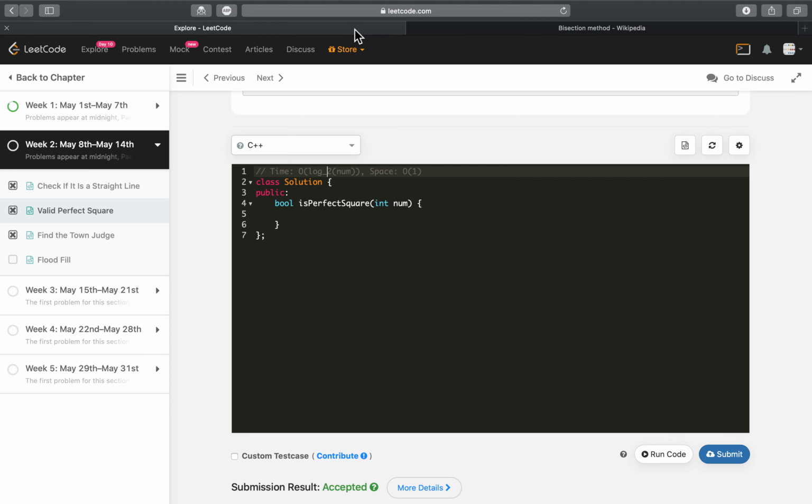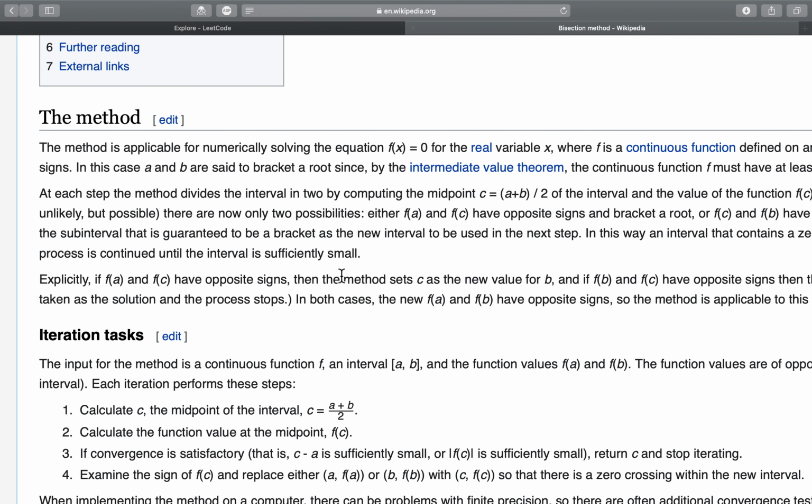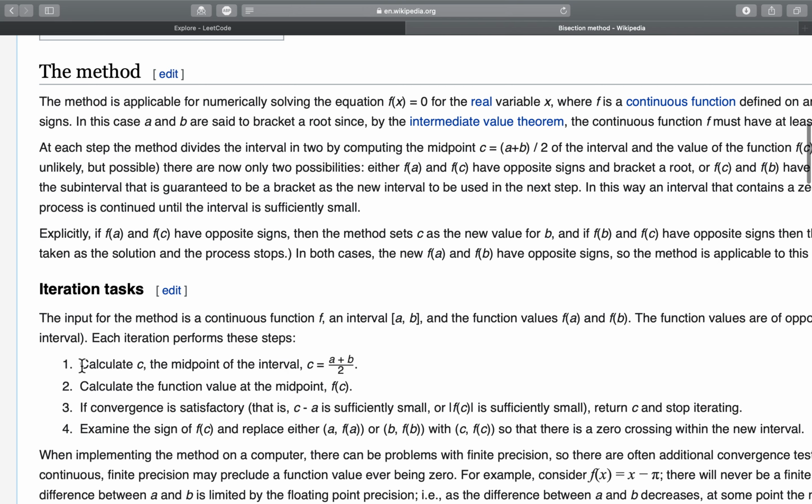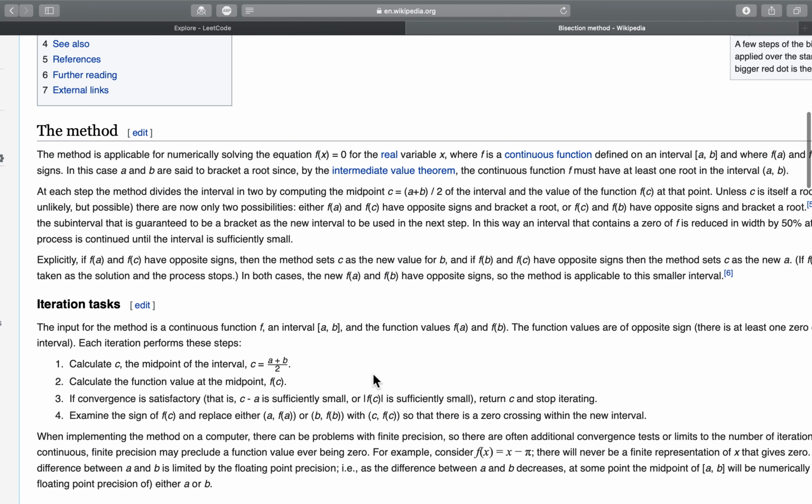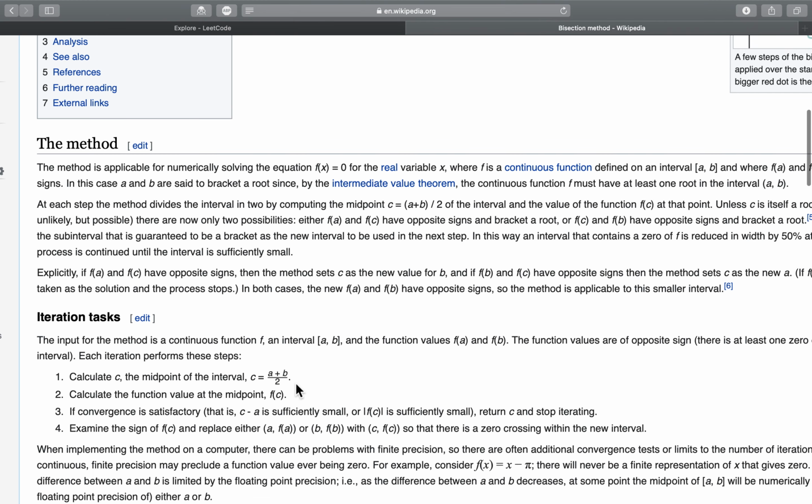Now the function we are going to solve is x squared equals y, where y is the given number. So here we calculate the midpoint of the interval c first, which is the middle point for search, and we calculate the function value at the midpoint, fc. So fc will be xi squared if the input is xi.